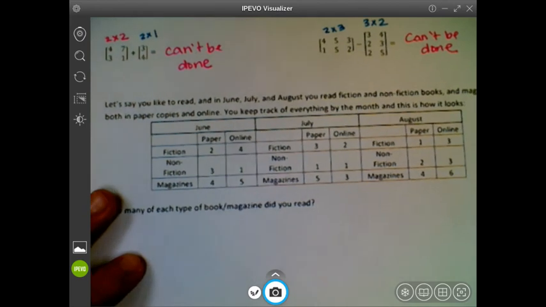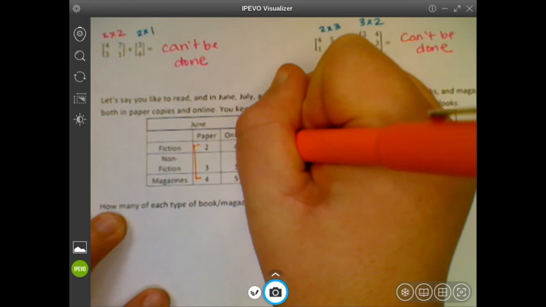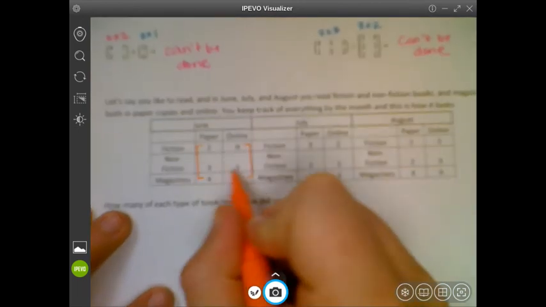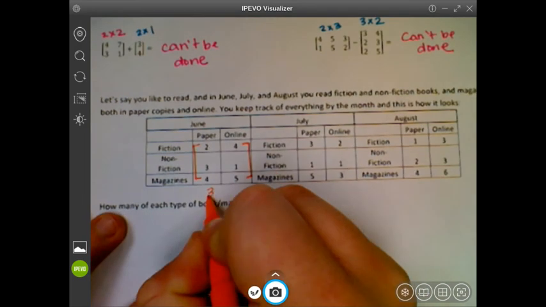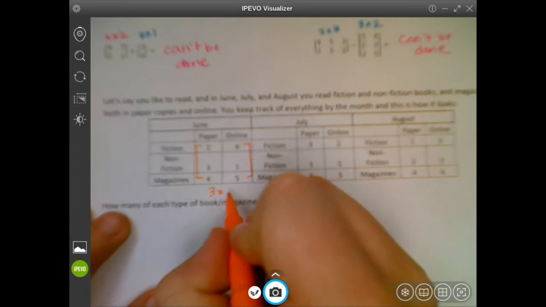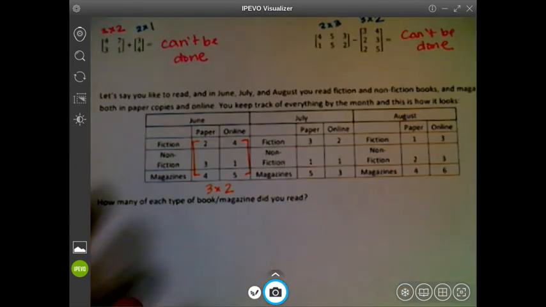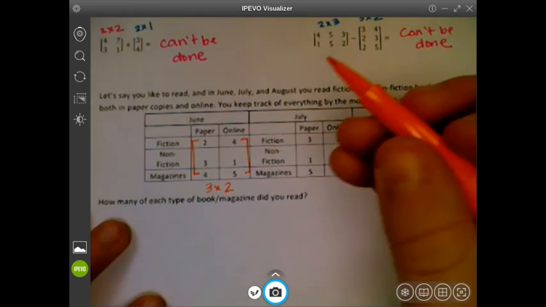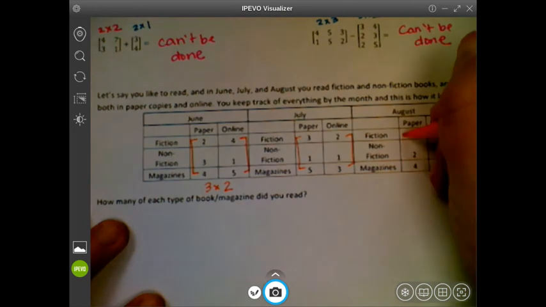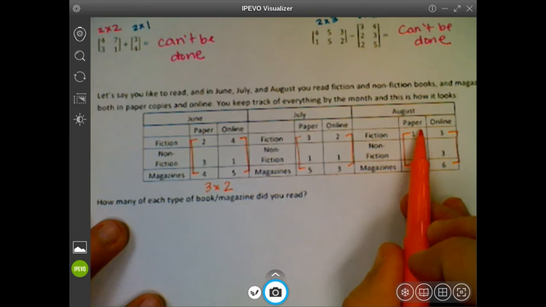And so right now, this is just in a table, but you can think of it as being in a matrix. So this first matrix has 3 rows for the 3 different types. It has 2 columns for the 2 different ways you could have read this, paper or online. And so those 6 numbers can be put into a 3 by 2 matrix. Now, each month would have its own matrix. And each location in the matrix is talking about the same value.